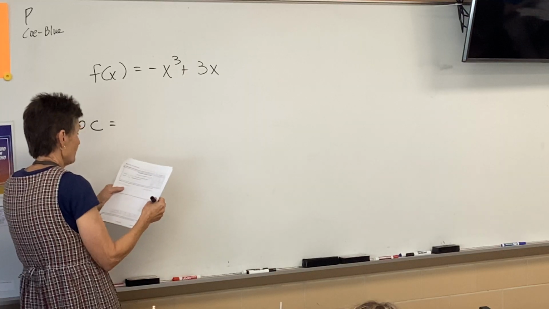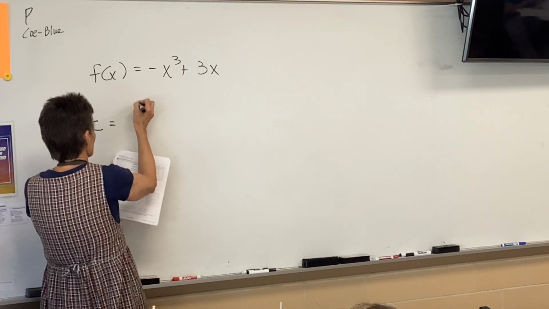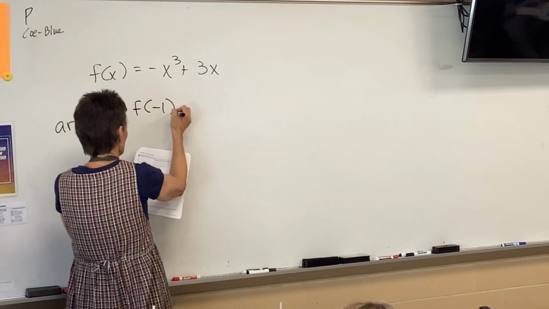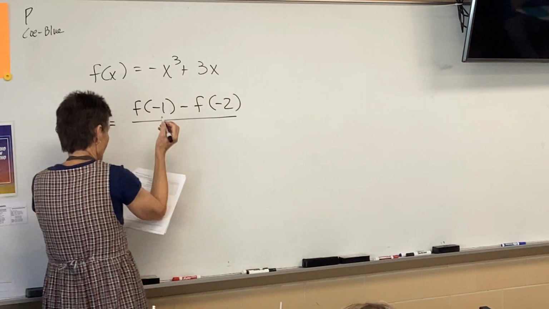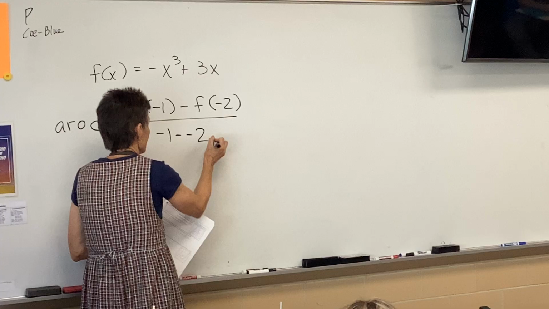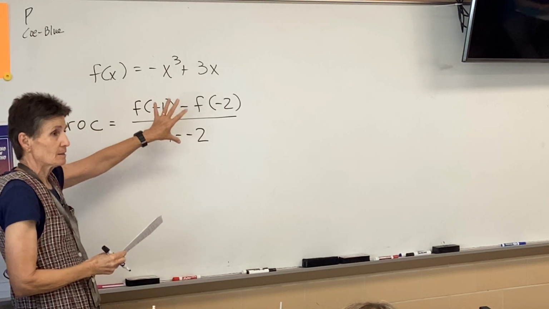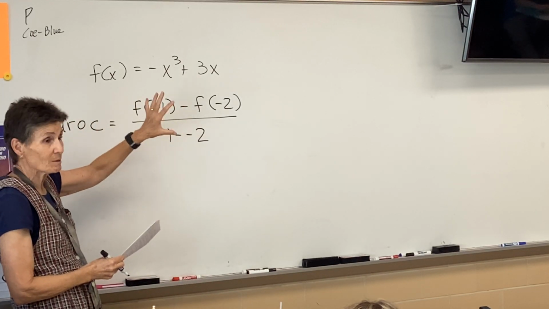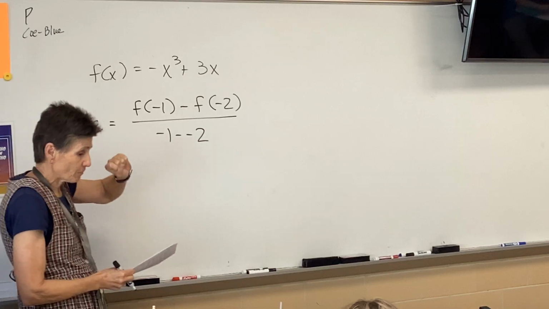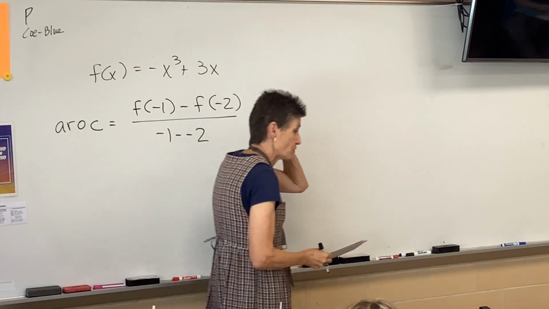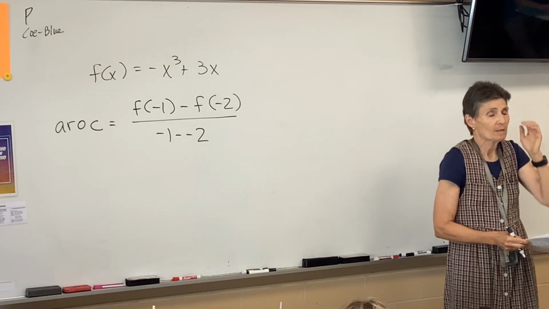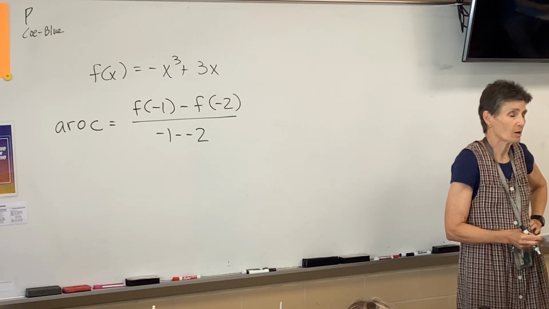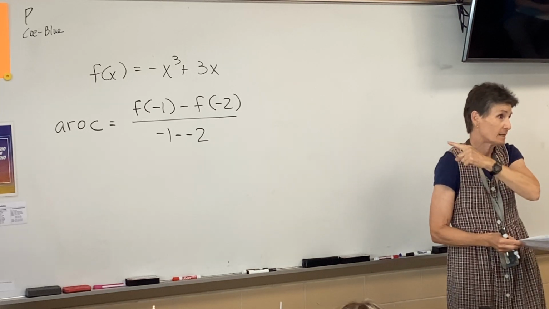And for problem number A, it's going to be f of -1 minus f of -2 over -1 minus -2. So that step has to be written every time you do an average rate of change. You're not going to do it in your head. You're going to write that step down. There will be a free response question on the exam, and that will get graded.